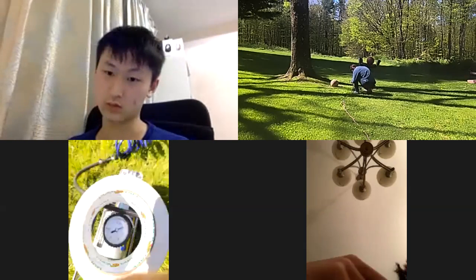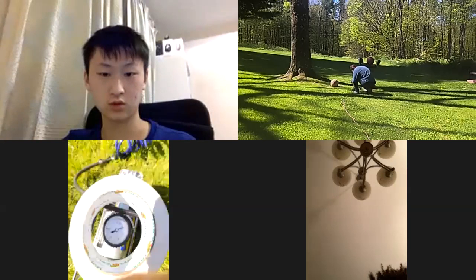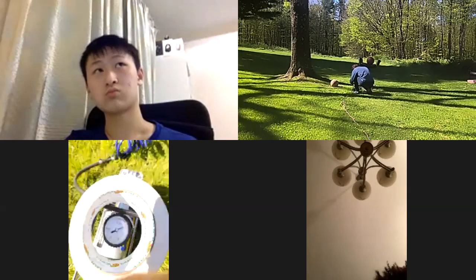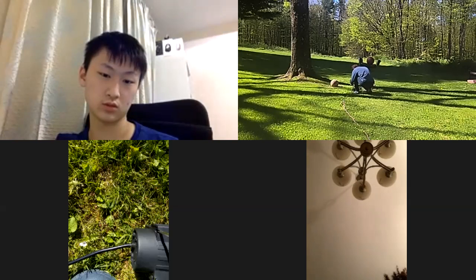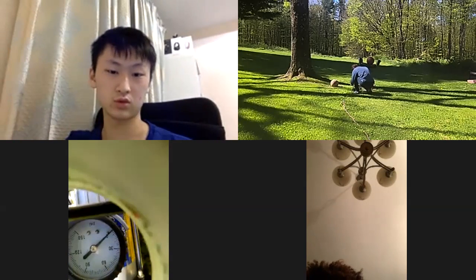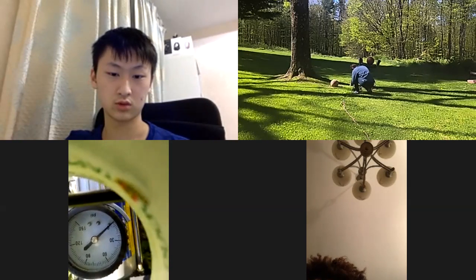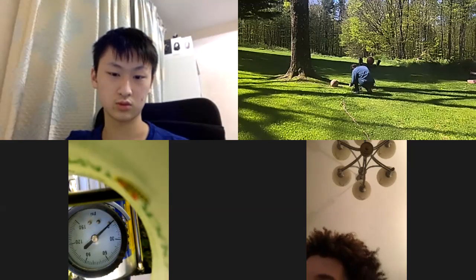Adaptive brightness off. Okay, let's see if that will work now.